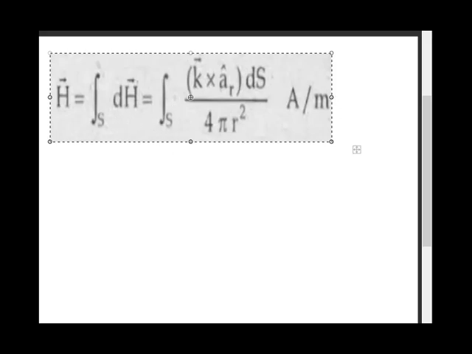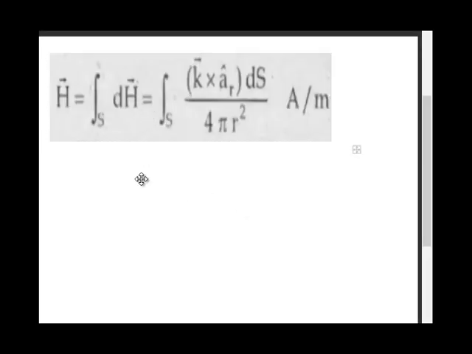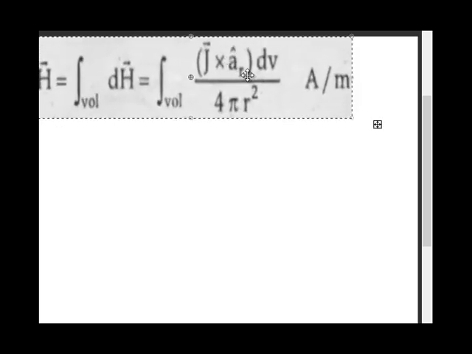Then next is volume. If you want to calculate H due to a current carrying volume, then the formula will be just K replaced by J. The formula will be J cross aR into dV divided by 4 pi R square.